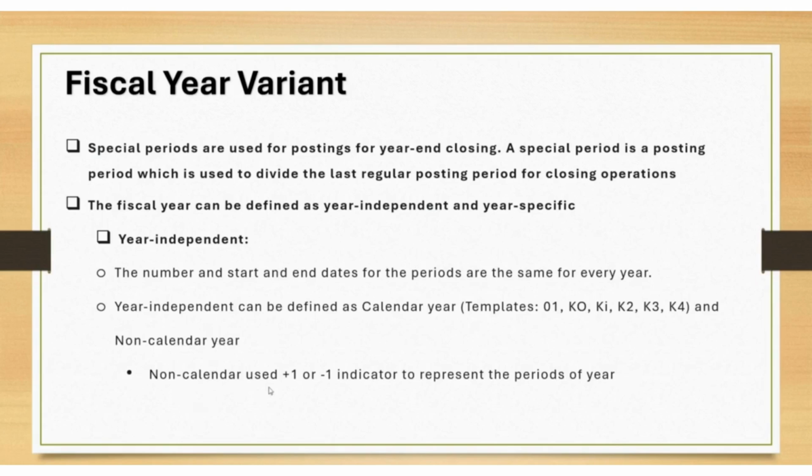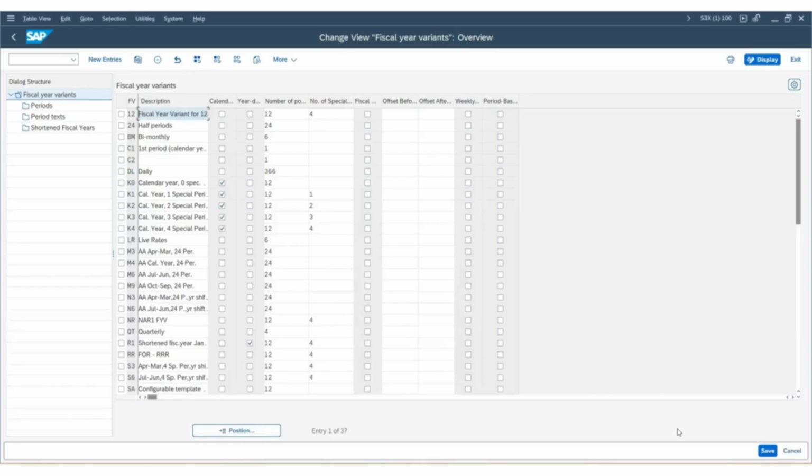Non-calendar year uses +1, -1 indicators to represent the period of the year. As our business scenario is that the company wants to configure its fiscal year periods from January to December for both UK and US company codes, I will follow the calendar year.